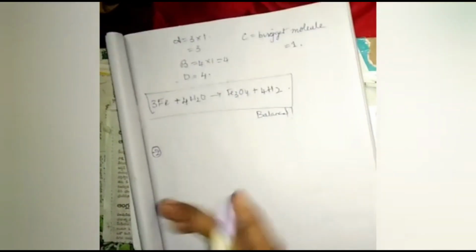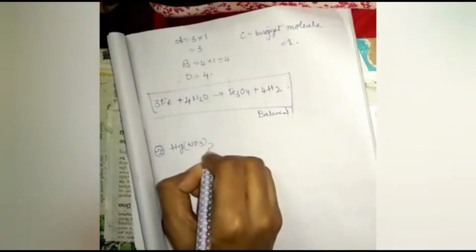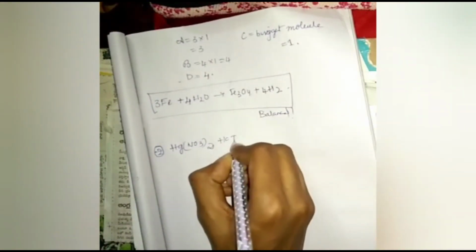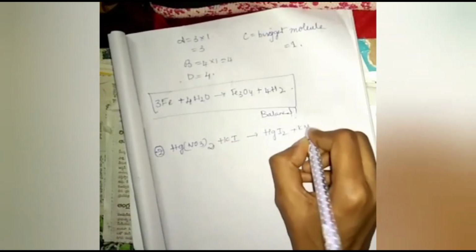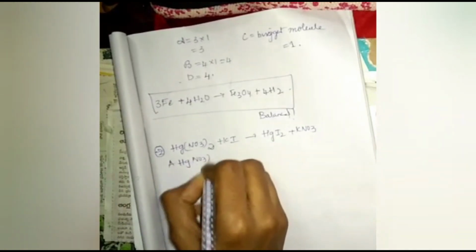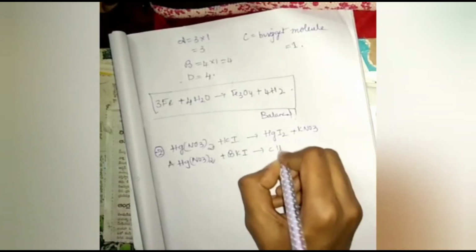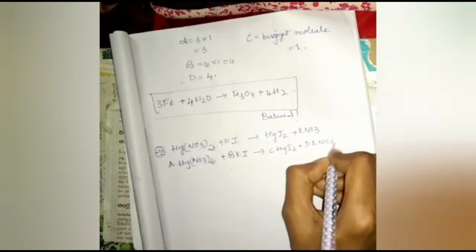So let's go for another one. The reaction is Hg(NO3)2 plus KI gives rise to HgI2 plus KNO3. This is an unbalanced reaction. What is the first step? Yes, writing coefficients for the reactants and products, ABCD.